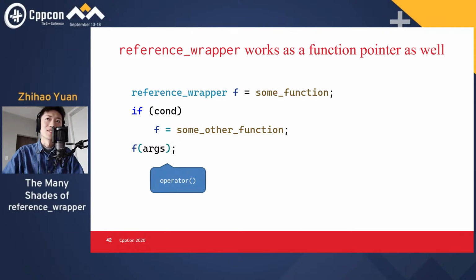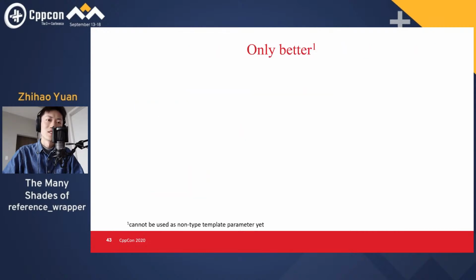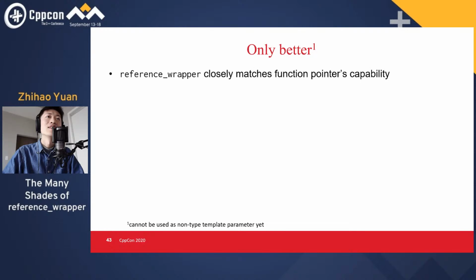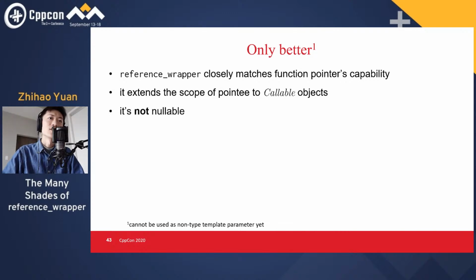Reference wrapper works as a function pointer as well, only better, because again, we made it closely match function pointer's capability. And reference wrapper extends the scope of pointing to callable objects, not only functions. And it's not nullable.